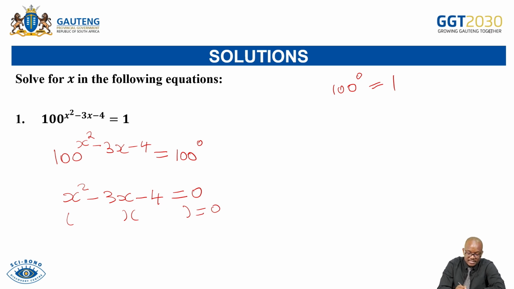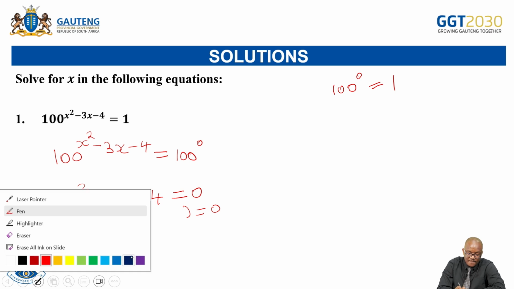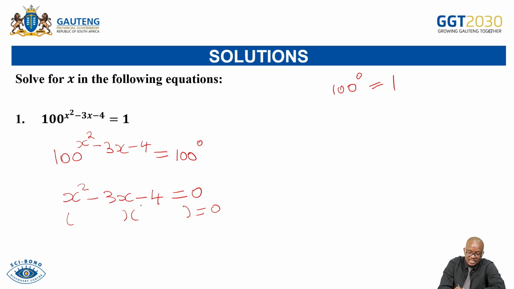As we factorize, I always tell learners that the minute you see that the last term has a negative sign, there is no way you're going to have two positive signs or two negative signs inside the bracket. If the last term has a negative sign, you know that inside the bracket you must have two different signs.